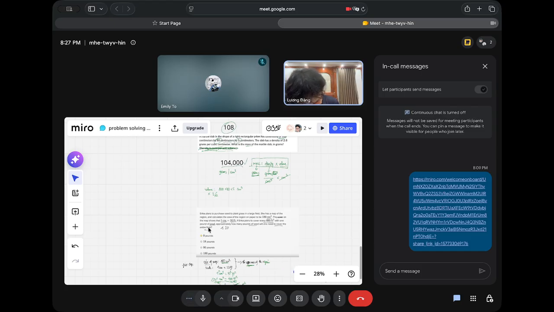So the question here is 72,000 feet square needs X pounds of seed, right? We need to find X. X is the number of pounds of seed. So what do we need to do?